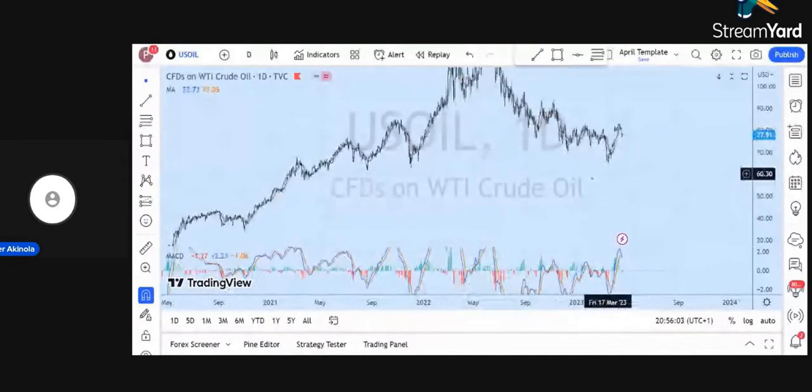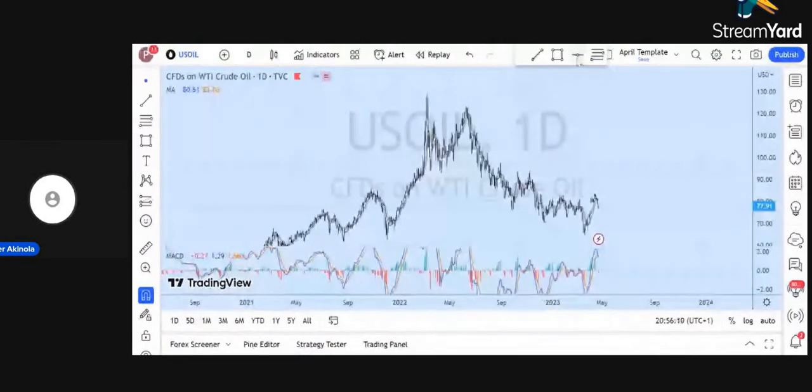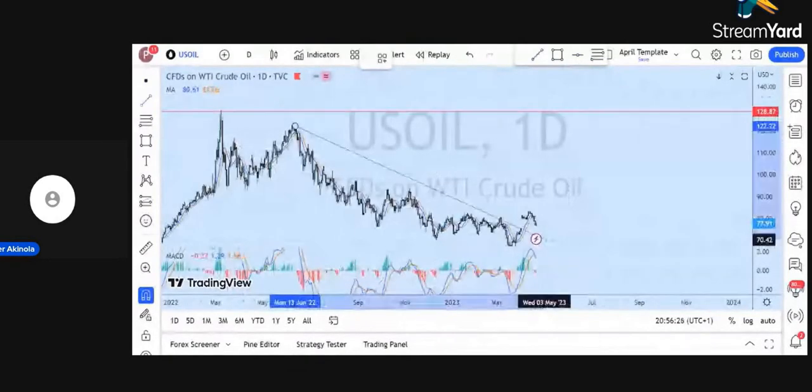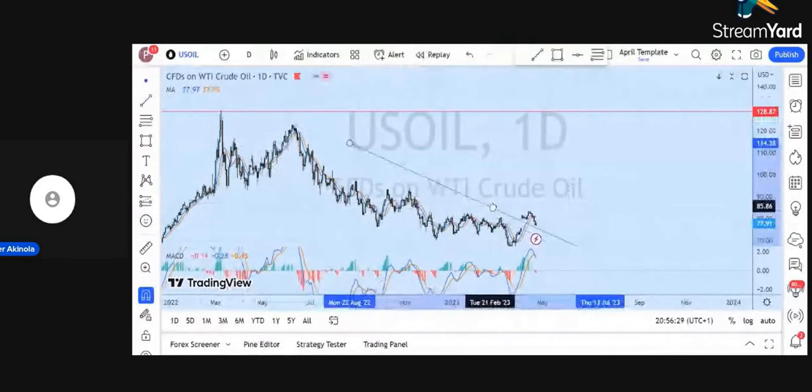So this is oil. Because I've not traded it before, you can see there's no markup at all. Let's quickly do our markup. Do we have anything like this there? Obviously not.